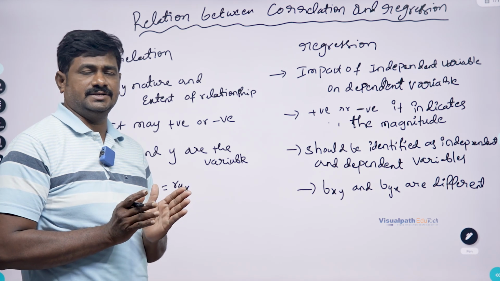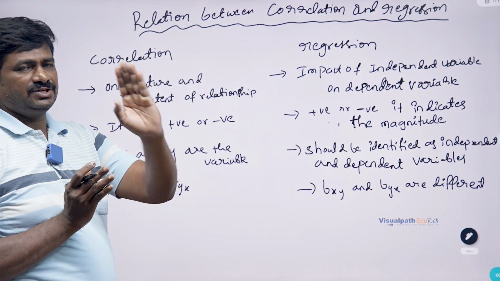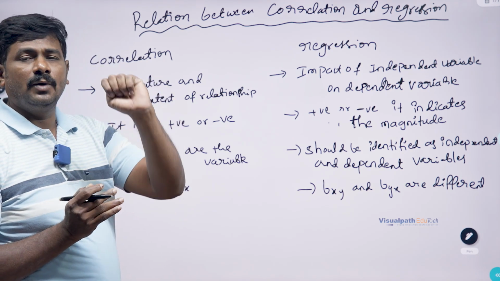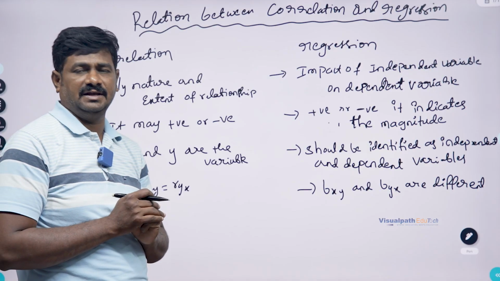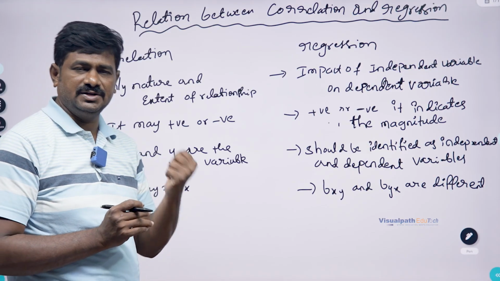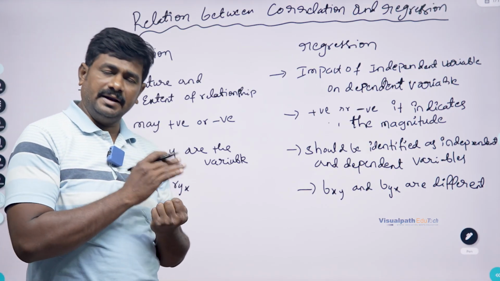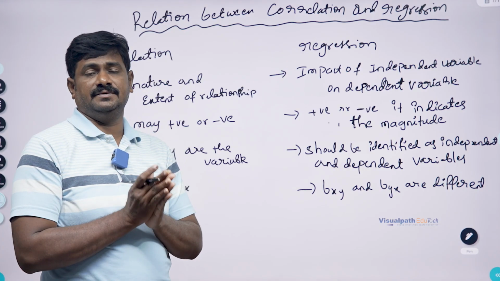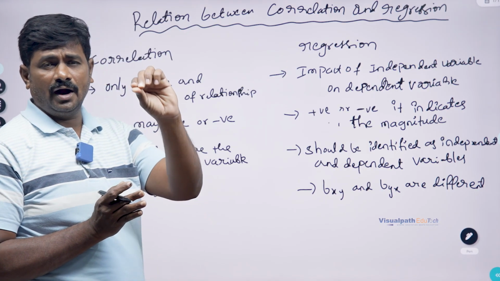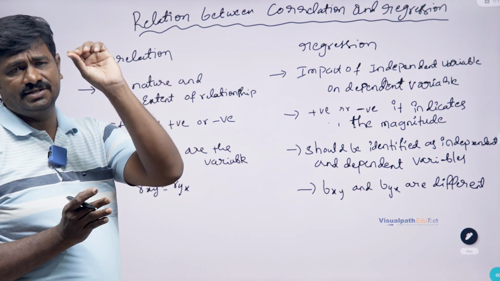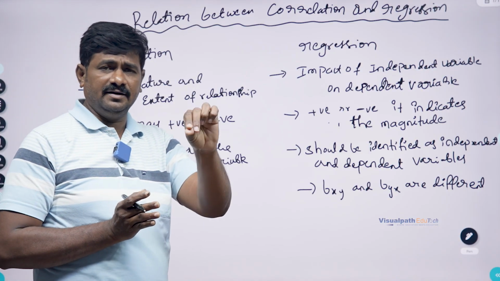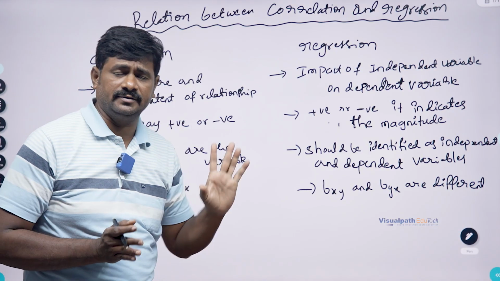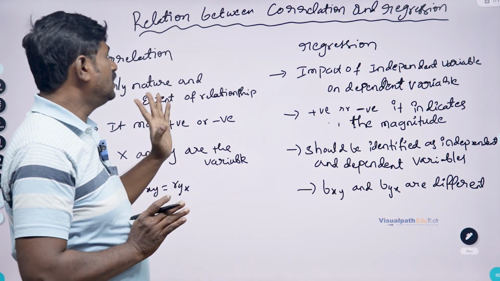In correlation, we can identify the nature of the relationship between the variables, either positive or negative, or whether they are dependent or independent of each other. We can identify whether both are related or not from the correlation.